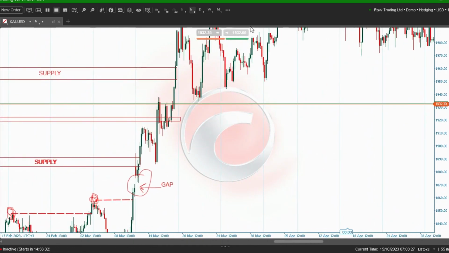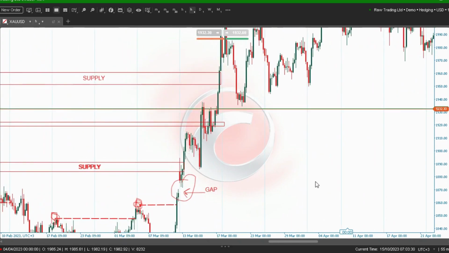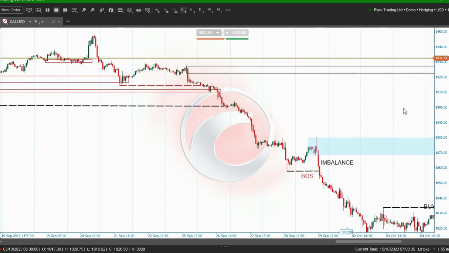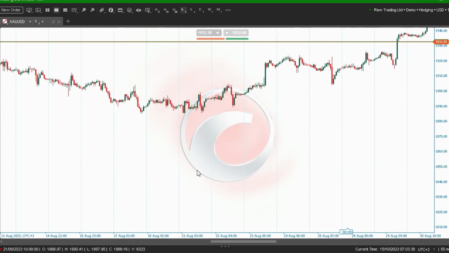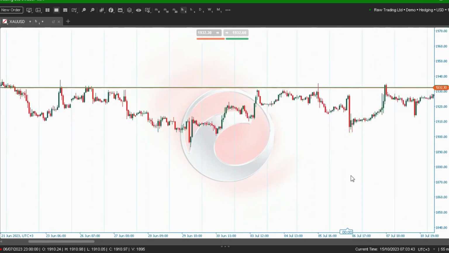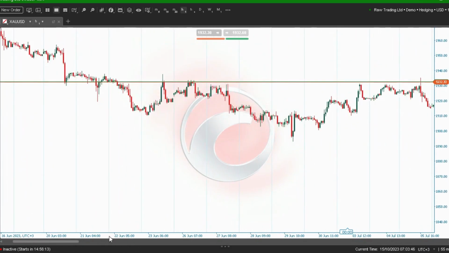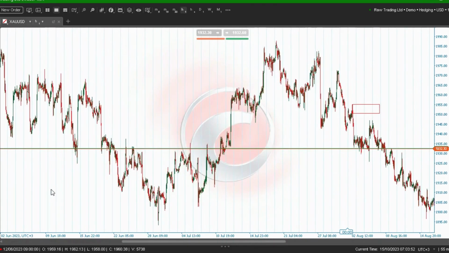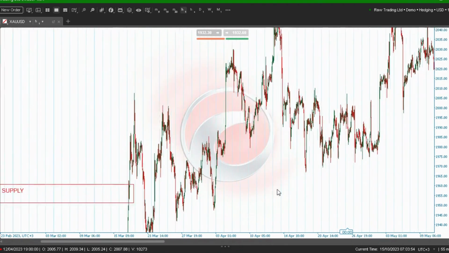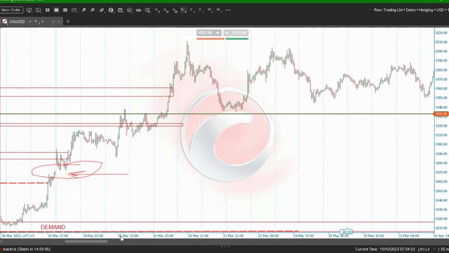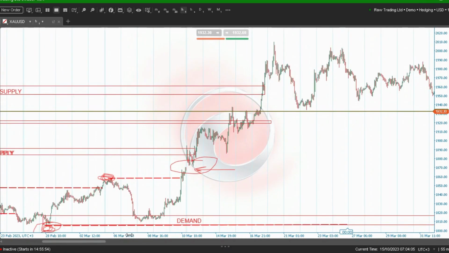If we go to 1-hour time frame, it will be different from what you are seeing here. This is 4-hour time frame, and this is 1-hour time frame.